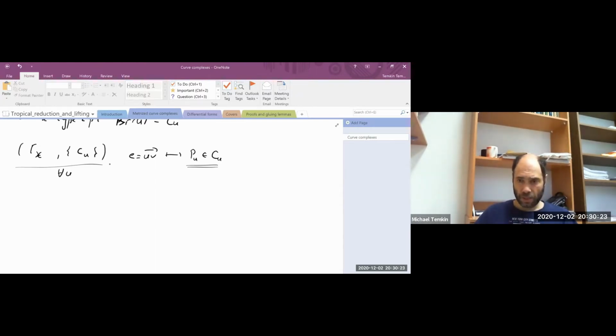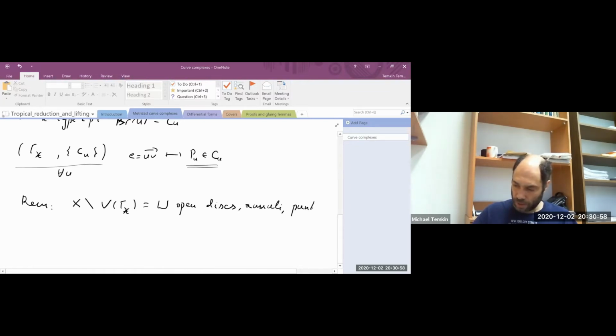Maybe just one last remark. If I talk about the structure of X and its relation to stable models, if I take X and remove vertices of the graph, the skeleton Γ_𝔛 associated with the model 𝔛, this breaks down to a disjoint union of open disks, annuli, and punctured disks.